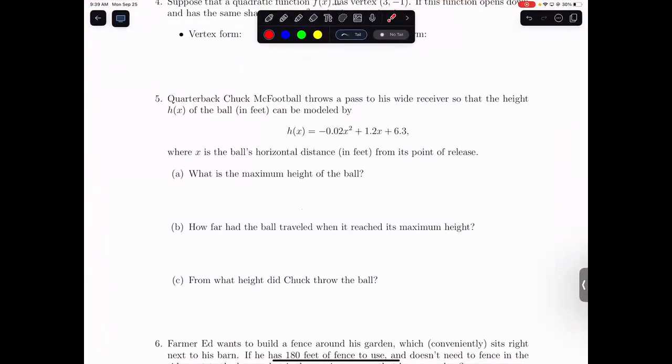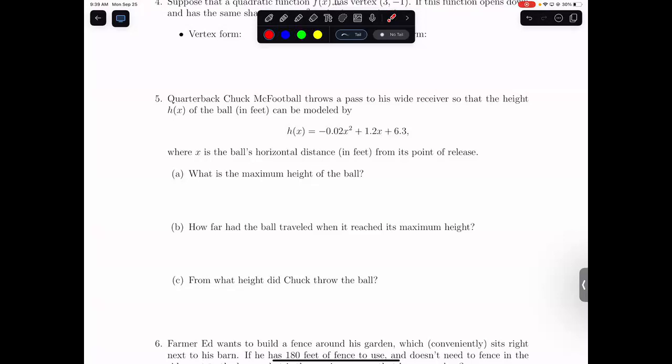Okay, so what are we looking at? Go Chuck McFootball, throwing footballs.